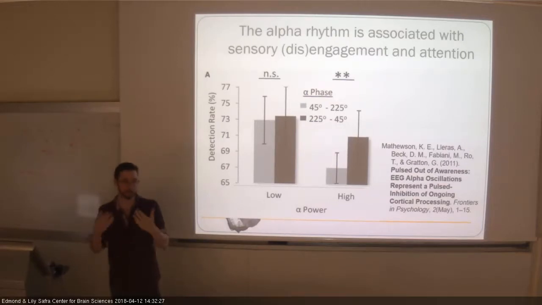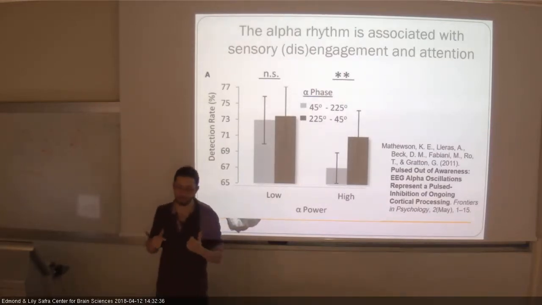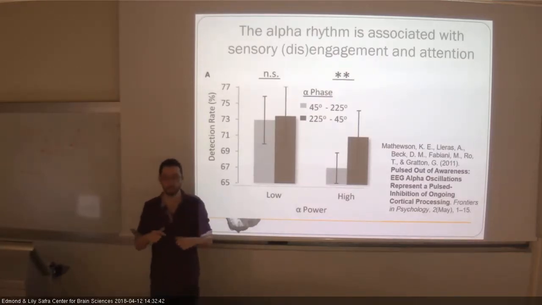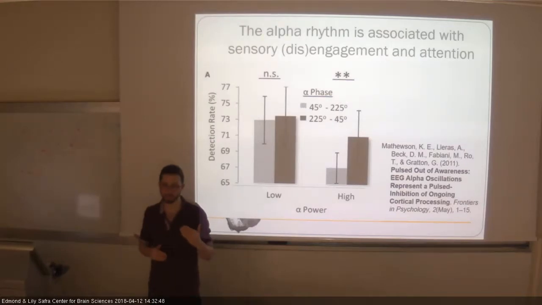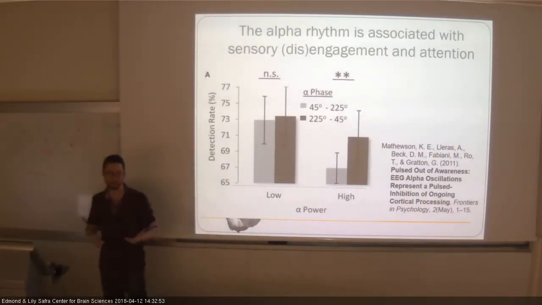You're always paying attention, but of course alpha power fluctuates, and your attention probably fluctuates. So does alpha power have a causal role in your perception? In other words, will you have a harder time seeing the stimulus if your alpha power is high at the stimulus onset? And it was found that this is indeed the case.